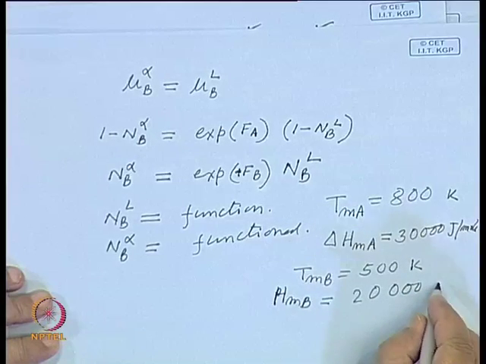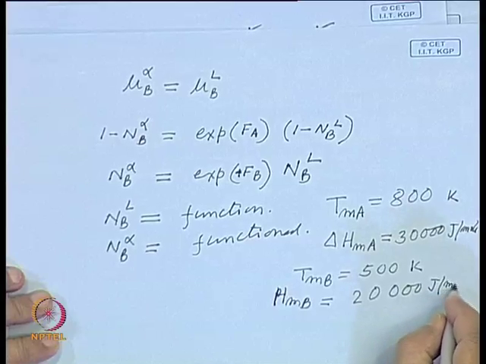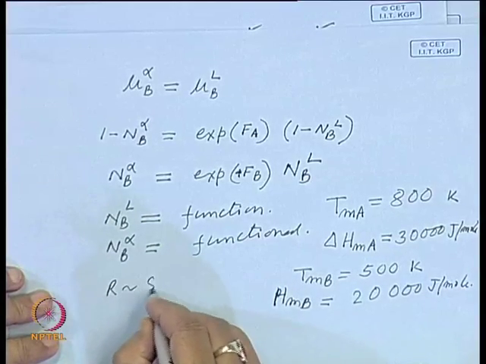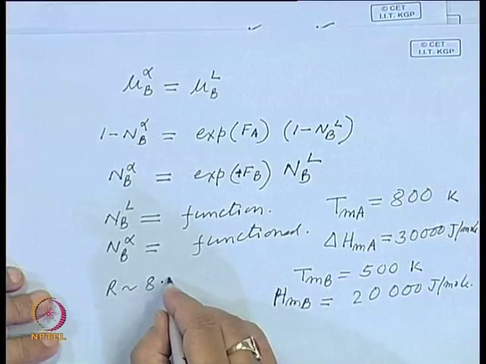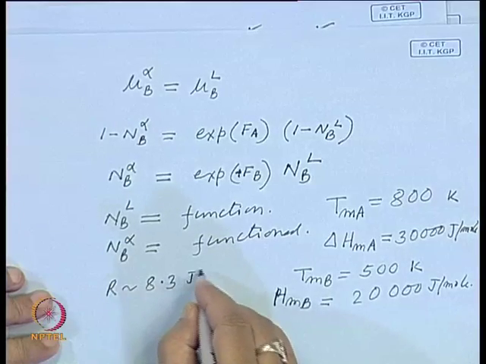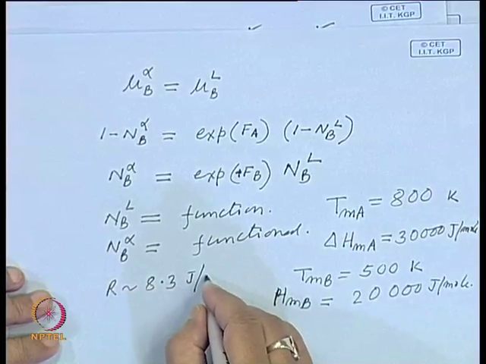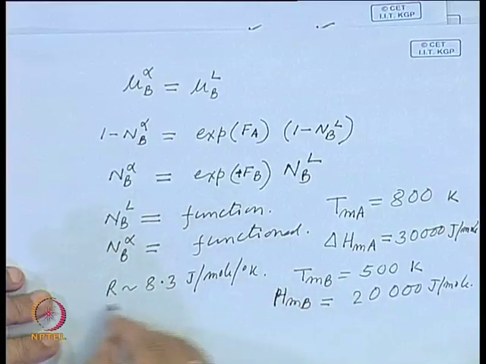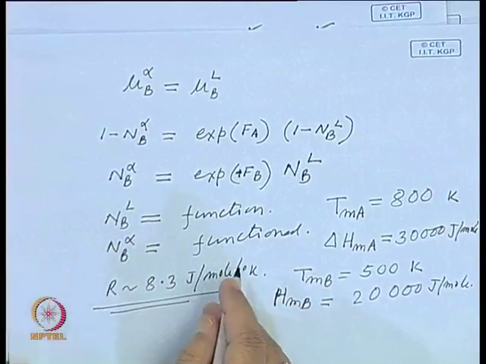you can then set it up in a spreadsheet, and you know that R is approximately 8.3 joule per mole per degree Kelvin. So, everything is known.